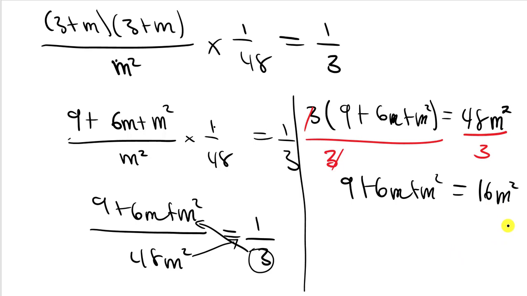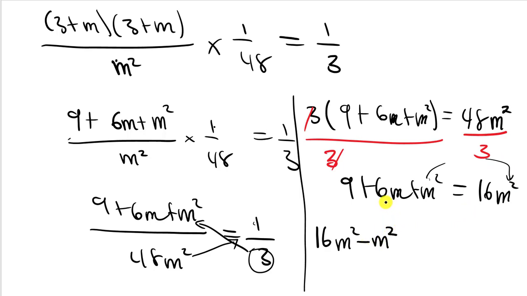Okay. Now at this point, since the highest exponent of the m is 2, we are having a quadratic equation there. So let's rearrange that. Okay. So we are going to have the 16m squared. Let's assume that we are transposing everything to the other side. So when you transpose m squared to the other side, it's going to be minus m squared.